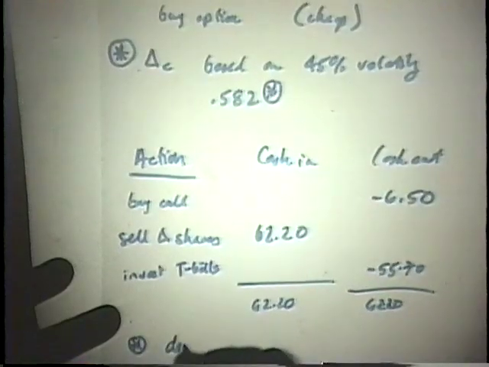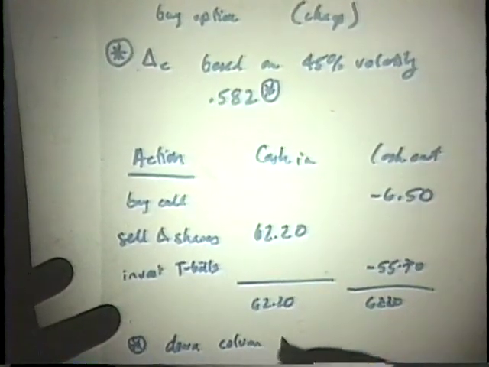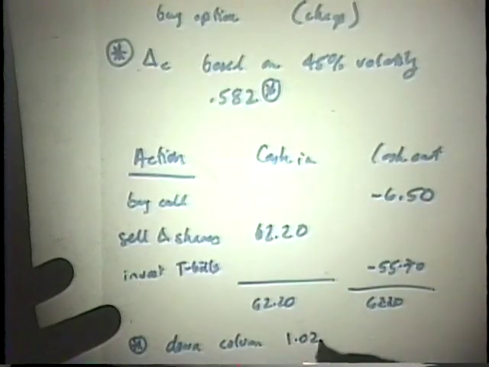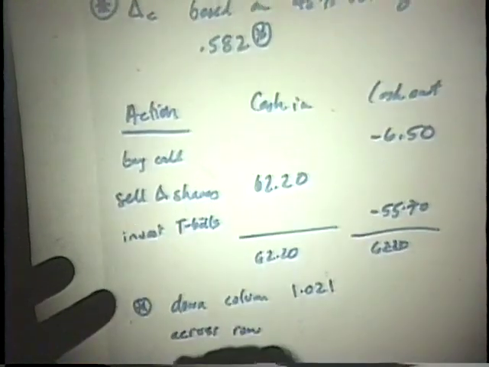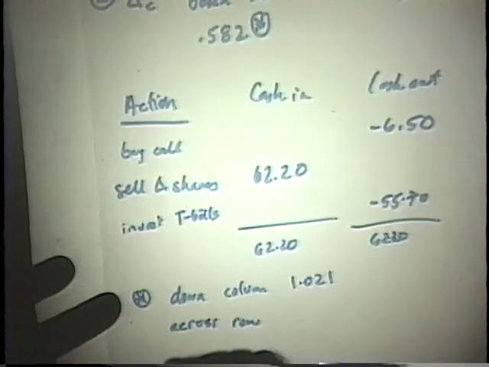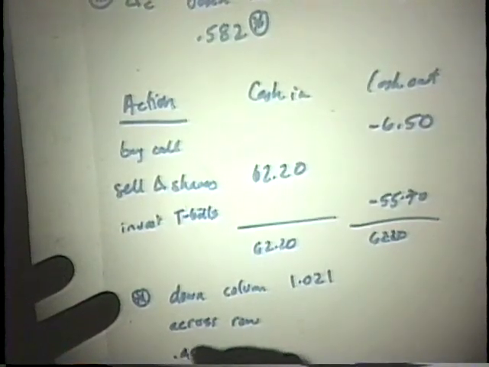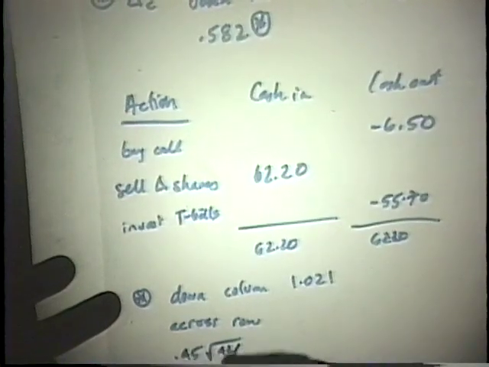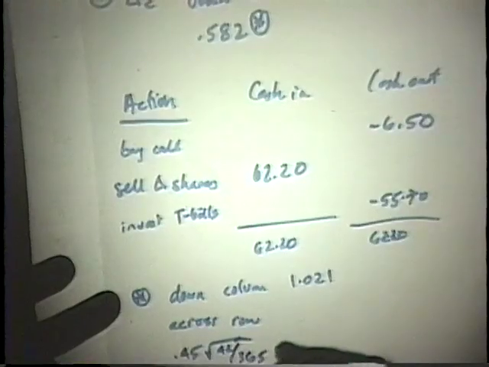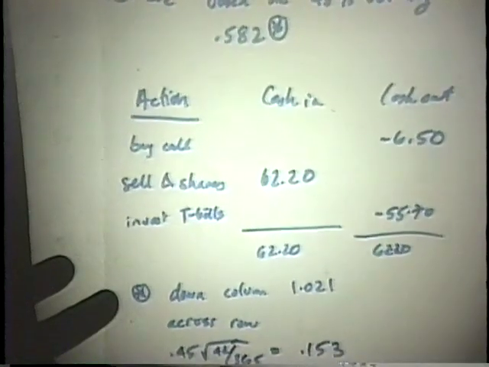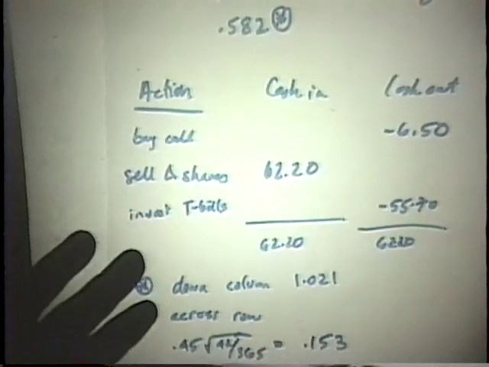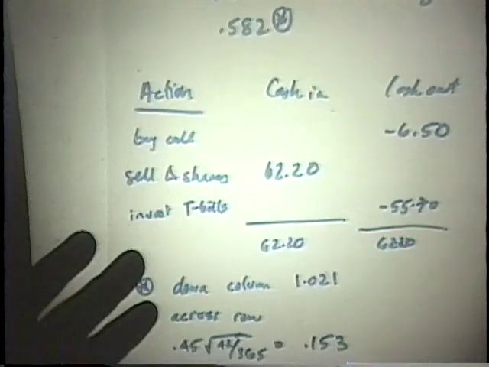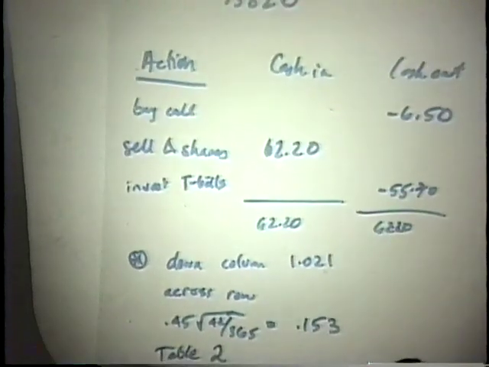I go down the column of 1.021, across the row of 0.45 times 42 divided by 365 equals 0.153. And when I read the cell, it says 0.58 in around there. So this is using table 2.